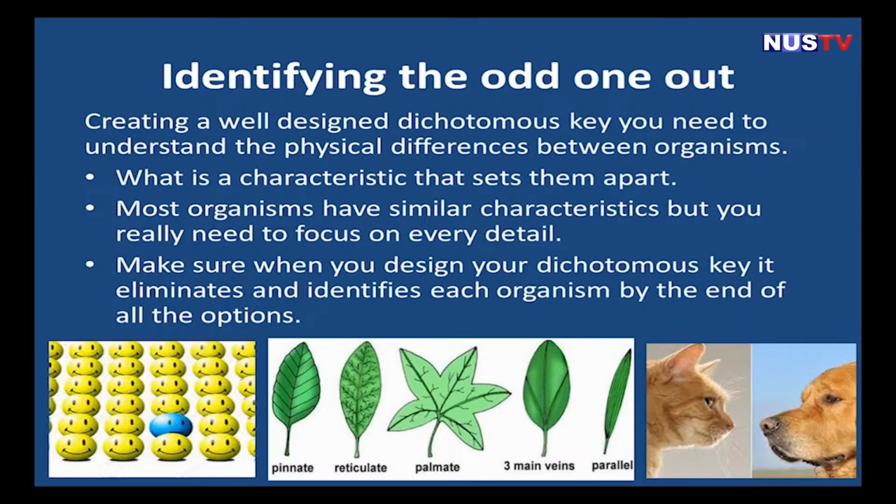So, yes, even though they are quite similar, always make sure that each organism is unique. So you need to focus on those small details. Make sure when you design your dichotomous key, it eliminates and identifies each organism by the end of all options.